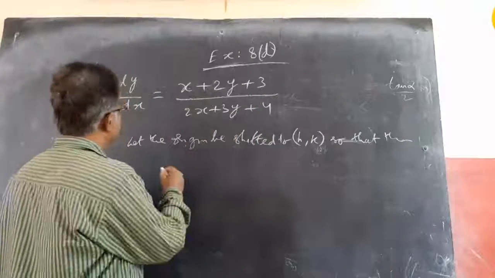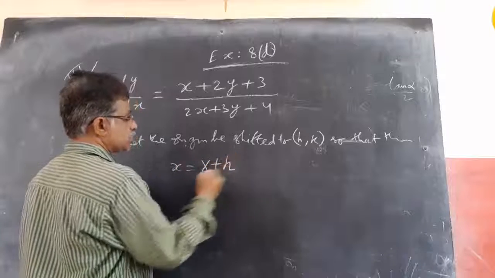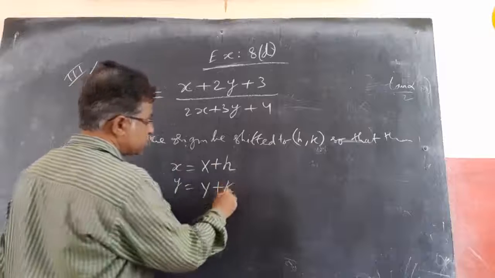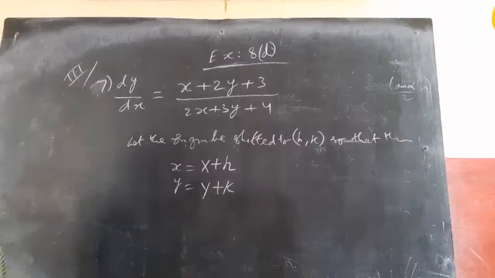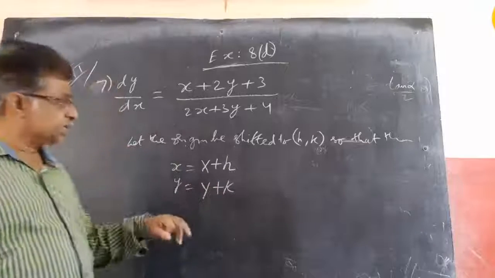Means what I am saying is x equal to X plus h, y equal to Y plus k. We know that when the origin is shifted to h comma k, then the new coordinate system becomes x equal to X plus h, y equal to Y plus k.